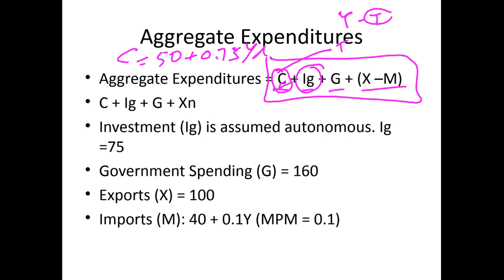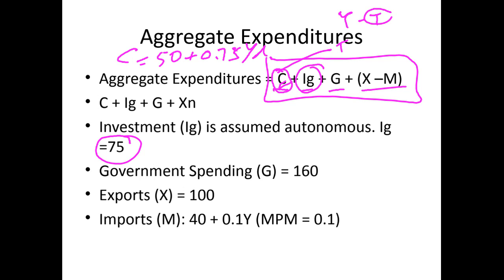So what I'll do is assume that gross investment is autonomous only. There is no induced part, so there are no other variables. I assume that investment is just equal to $75 million. So investors are investing $75 million in a specific year. Finish.